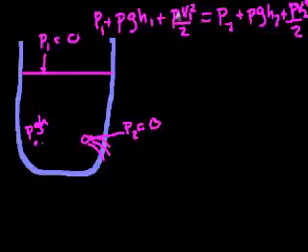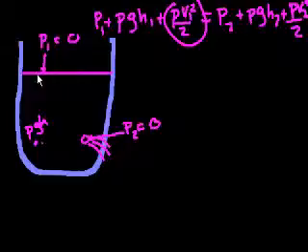And I think you understand that this term is pretty close to 0 if the rate at which the surface moves is very slow, if this surface area is much bigger than this hole. So it's like if you poked a hole in Hoover Dam, that whole lake is going to move down very, very slowly, like 1/1,000,000th of the speed at which the water's coming out at the other end. So you could ignore this term.